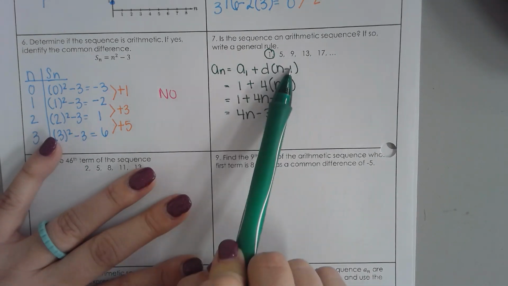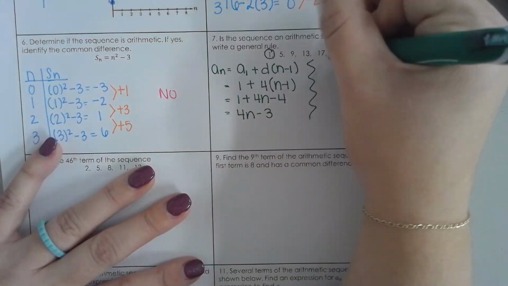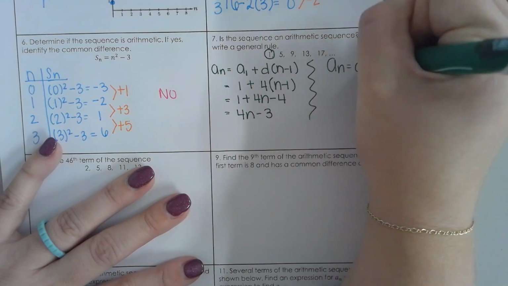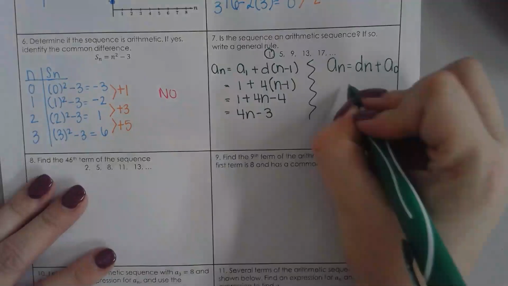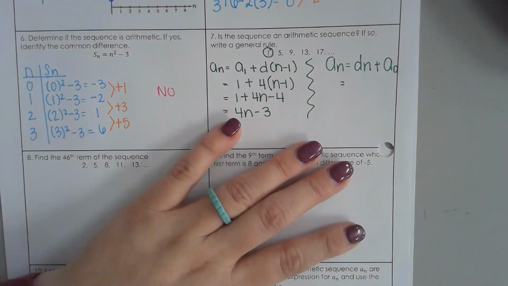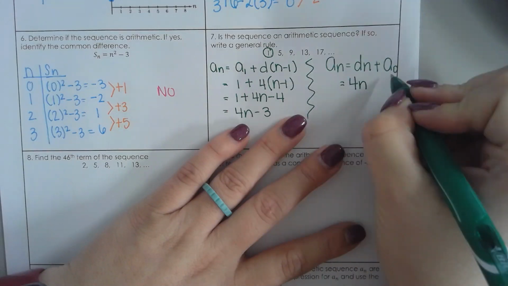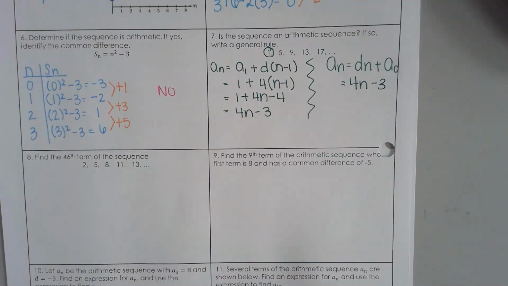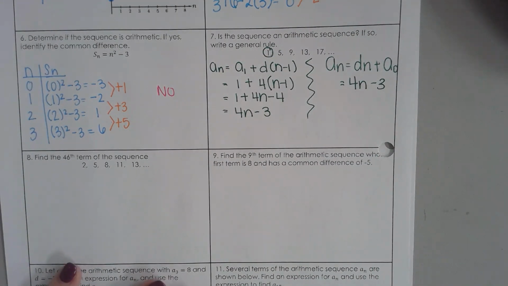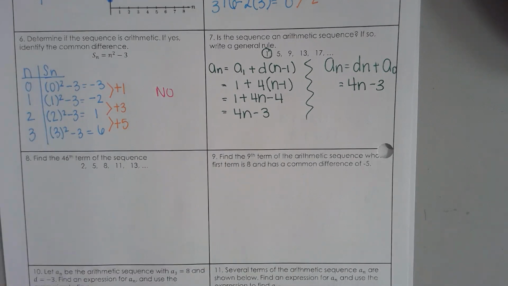And then n minus 3. So minus 3. That was a little less. Either works.